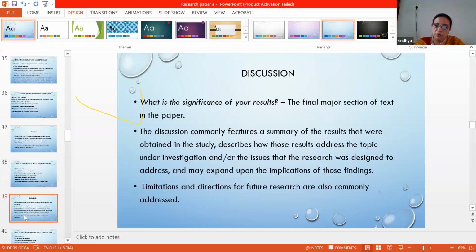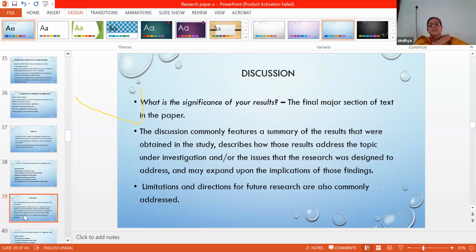Then followed by the result, there must be a discussion section. Many scholars normally avoid this section, the discussion of results. This is important with respect to many accepted journals, Scopus indexed journals, and almost all quality journals. We should ensure that the discussion is there.